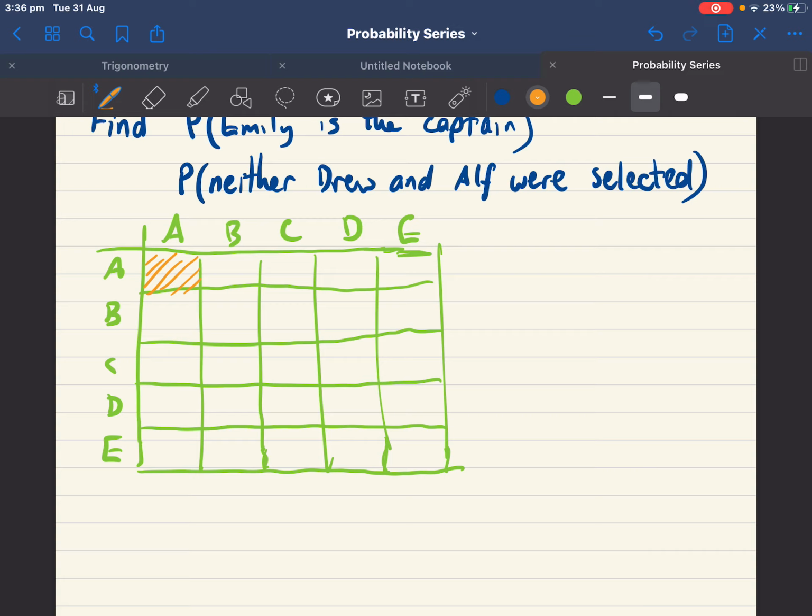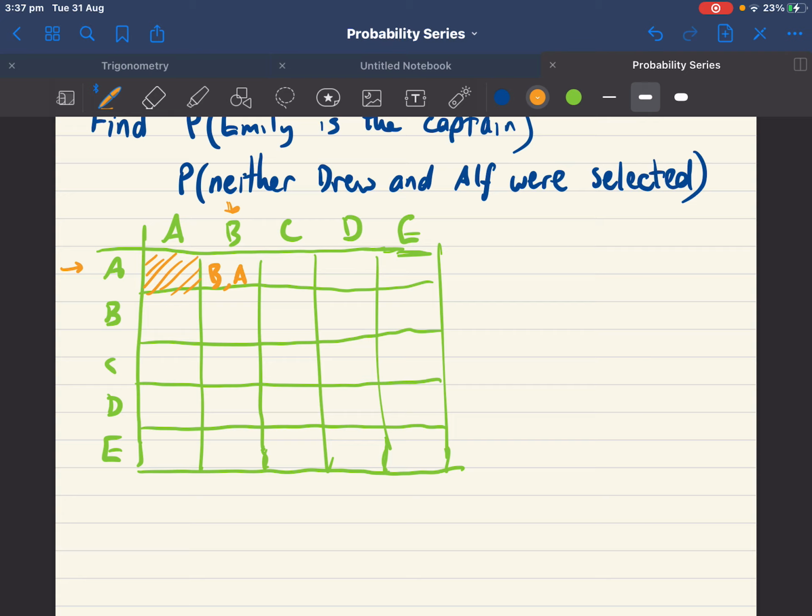It doesn't matter if you're going here first and then here, or the other way around, because both options will be in there at some point. But I'll be doing top and then sideways, just because that's where I've been doing it so far this lesson. So this next box is a scenario where Beth got pulled out first, so she's captain, and then Alf is vice captain.